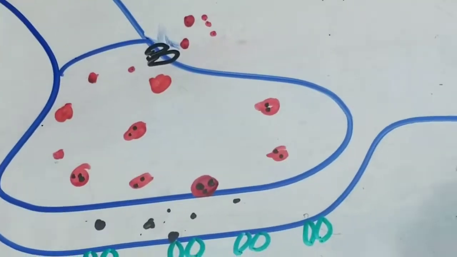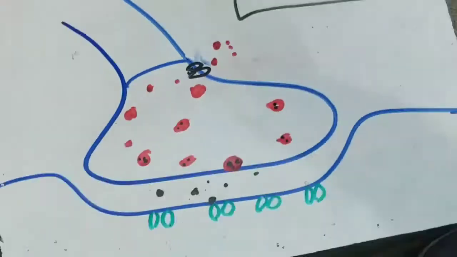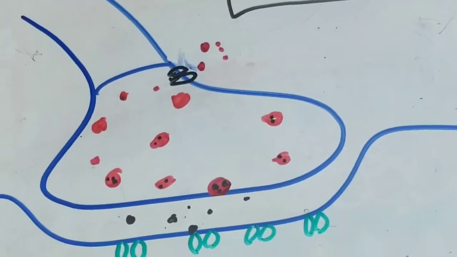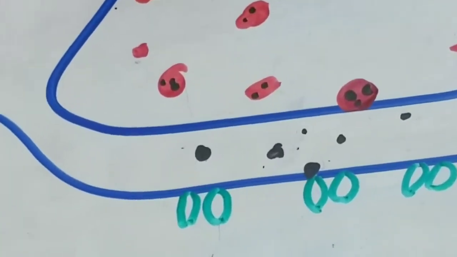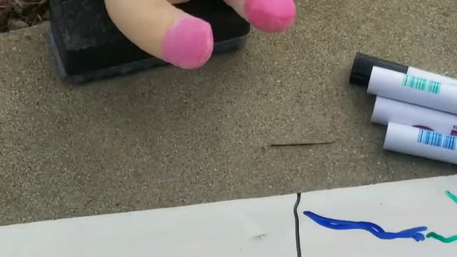The voltage-gated calcium channels open and calcium floods the terminal. Then the neurotransmitter is released, as calcium causes the synaptic vesicles to fuse to the axon terminal.